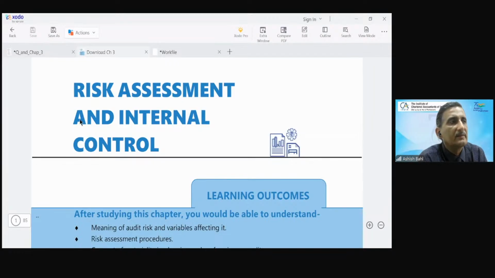Yes, anybody else? What is the meaning of term misstatements? Yes, students, quick, waiting for your responses. We have to do a lot of questions. Okay, that's great, Tejaswin. So Tejaswin has cleared group 1. Congrats. Anybody who can tell meaning of the term misstatements?